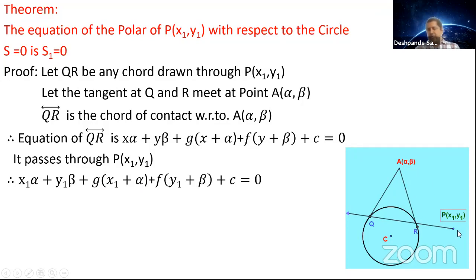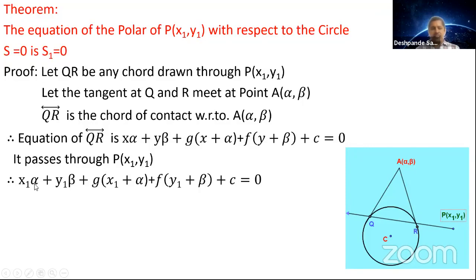Now, if you take another chord from here, right? So they meet at another point, say (alpha1, beta1). You take another line, it cuts the circle at Q2, R2. They meet at a point, say A2, (alpha2, beta2). So which is a variable here? This alpha and beta are variables. Okay.